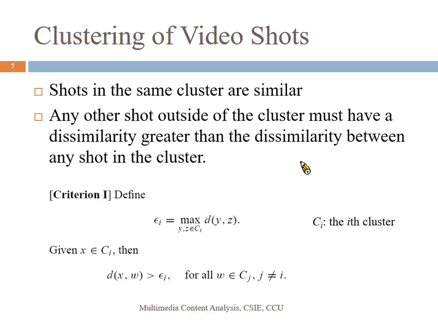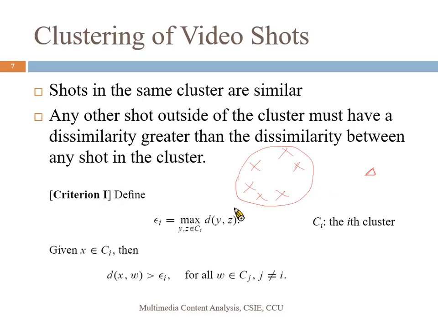That means if there is a cluster here, and there are several video shots belonging to this cluster, then for a video shot outside this cluster, the distance between any shot inside the cluster should be smaller than the distance between one of them to the video shot outside the cluster.